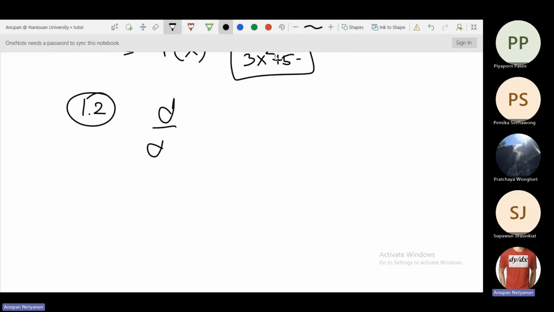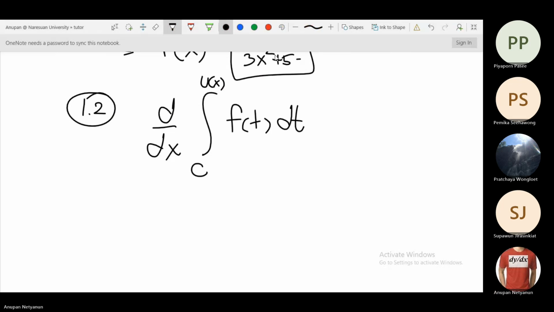Next, it is the result from the first theorem, which is: when you have d by dx of the integral from c, now not x but a function of x, of f of t dt. In this case, again, you get f back.